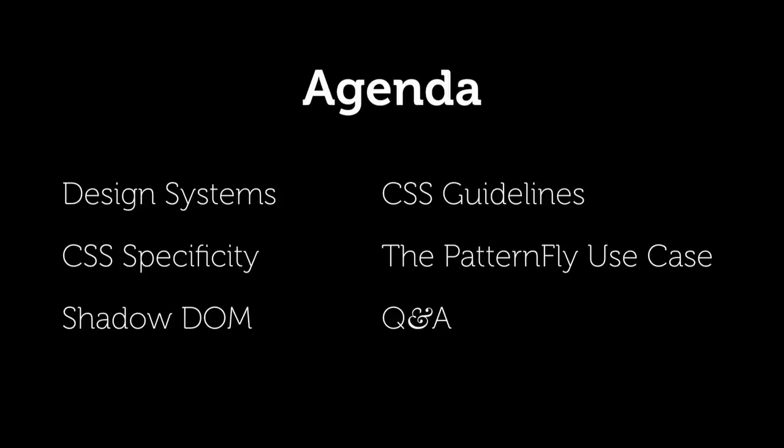Then we're going to explore two different solutions, either using web components and the shadowDOM, or just writing really good CSS. And finally, we're going to bring all of that together in an open source Bootstrap-based real design system project and show some examples. And at the end, we're going to have a few minutes for questions and answers. But if you have a question during the presentation, just stop me at any time.